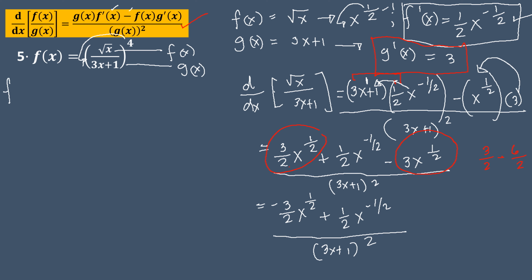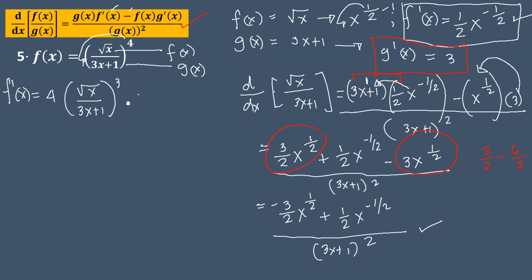So we have f prime of x is equal to 4 times the square root of x over 3x plus 1 to the power of 3, times the derivative of our inner function, which is this already.